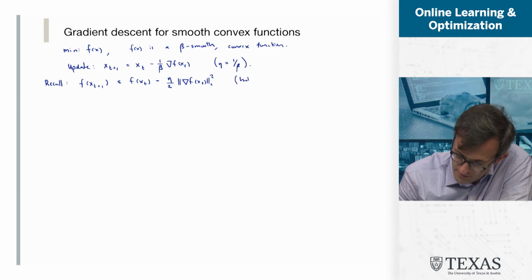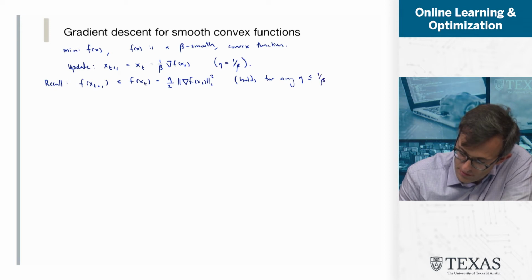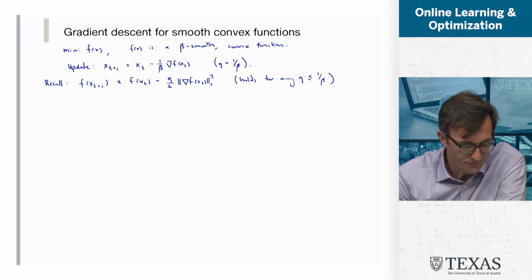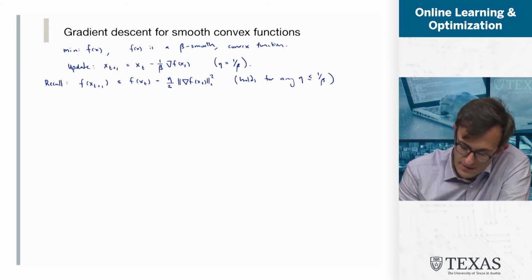This holds for any eta that's less than or equal to 1 over beta. Okay, what comes next here?